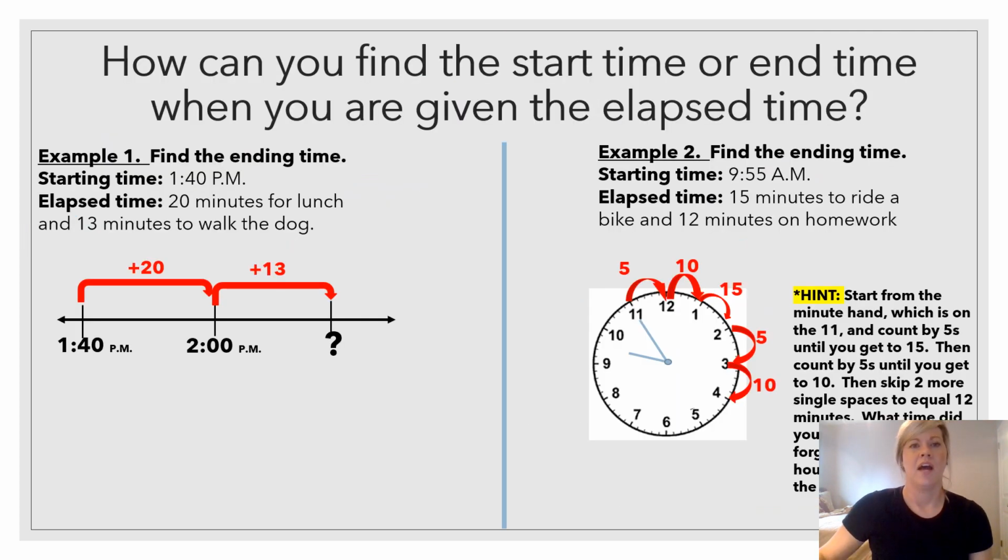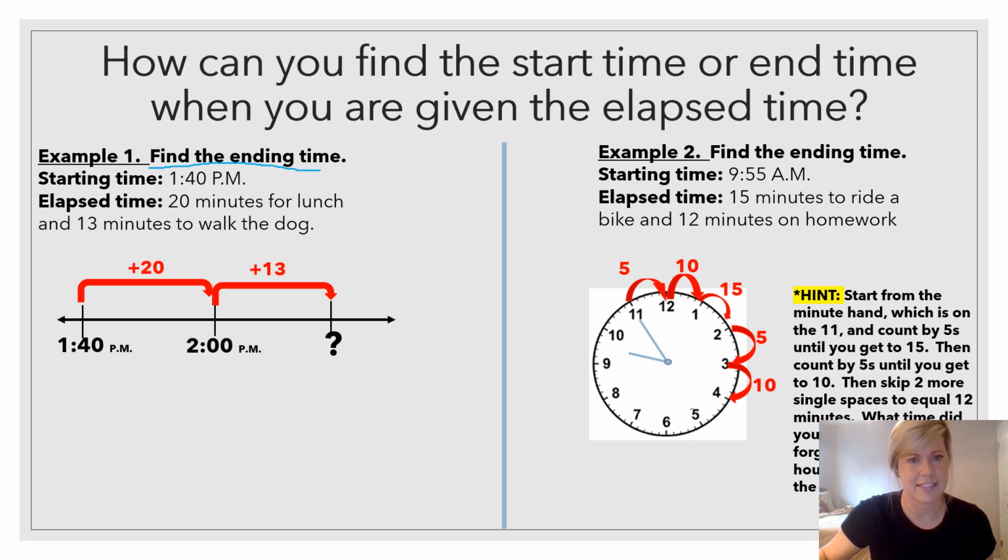How can you find the start or end time when you are given the elapsed time? This time we're not finding the elapsed time, it's what is given to us. We need to figure out what time something is going to end or what time something began using the elapsed time. Let's look at this example.